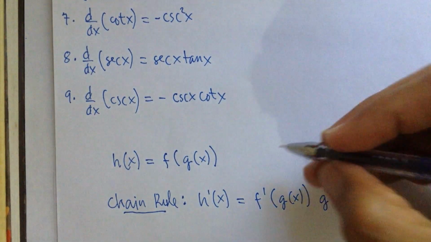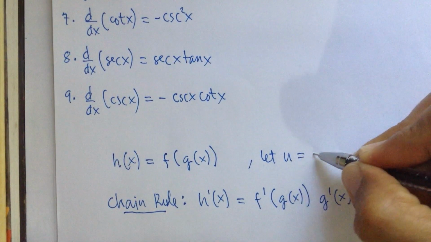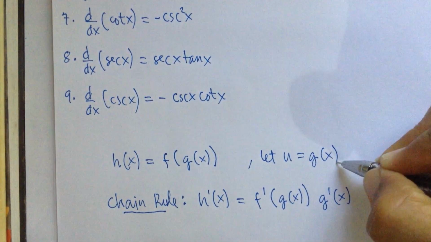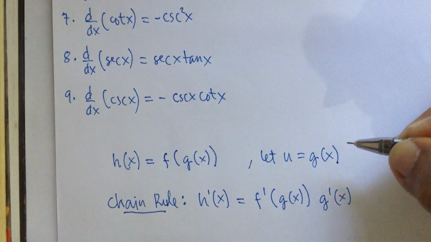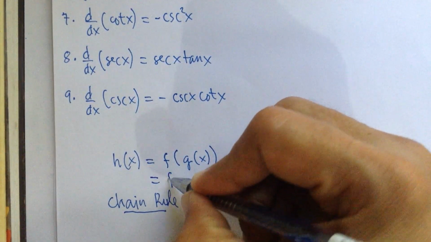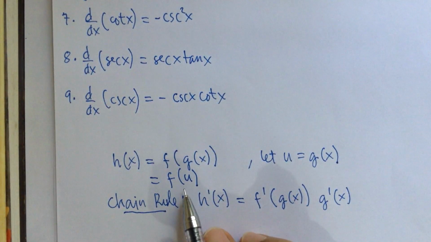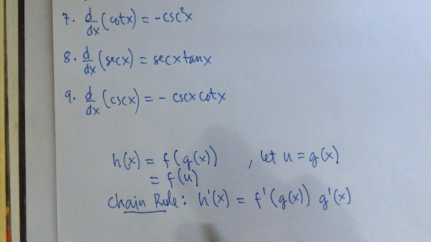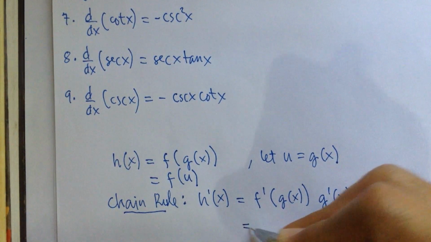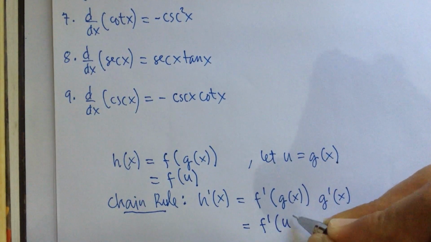But if you assign u to g of x, then this function h of x can be written as f of u, which appears to be just a simple function, right? So to find the derivative of that, we simply find the derivative of f of u.